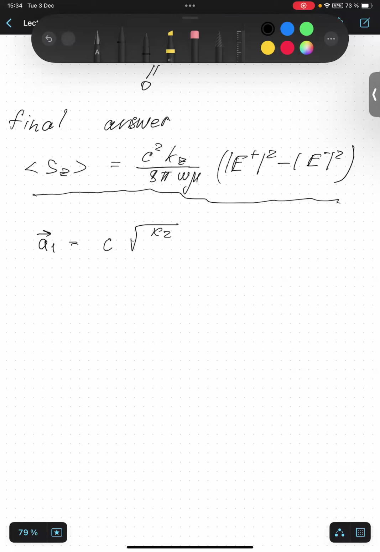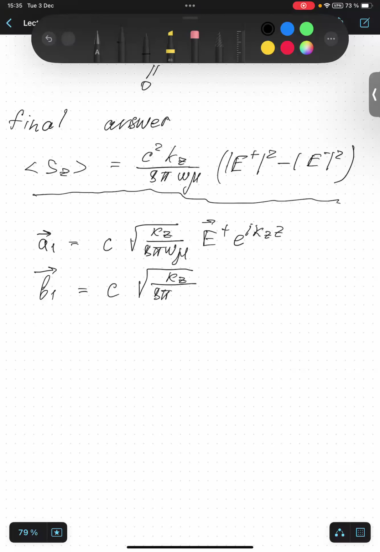C kz over omega mu, plus vector z, and b1, outgoing field z, by omega mu e minus i kz.